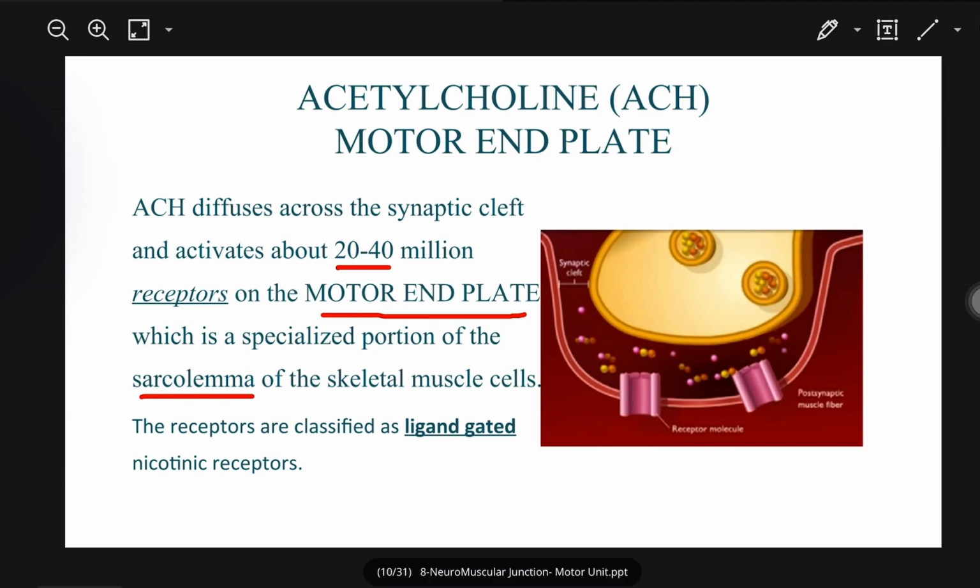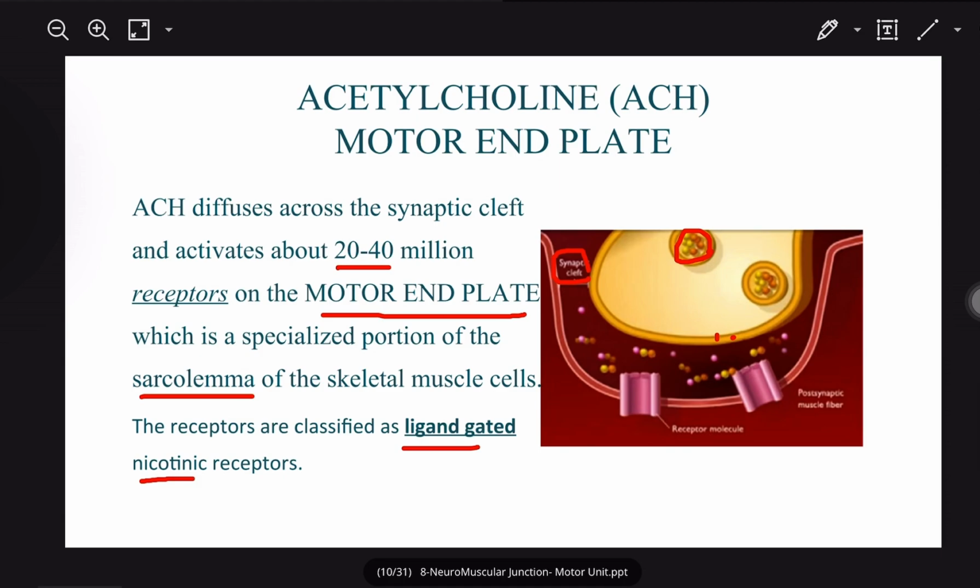The receptors are classified as ligand-gated, what we call nicotinic receptors. This is the synaptic cleft, as we said, a very small gap. Here the acetylcholine is contained, and when calcium comes in, it will release.